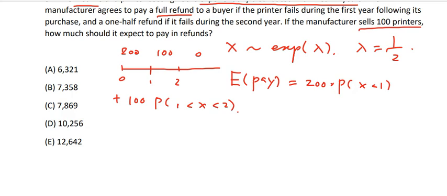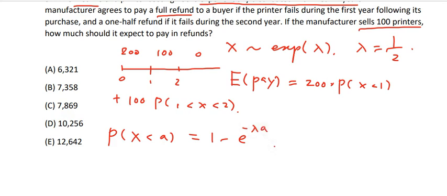If the density function follows this exponential distribution, then we have this formula: P(x less than a) equals 1 minus e to the negative lambda a.